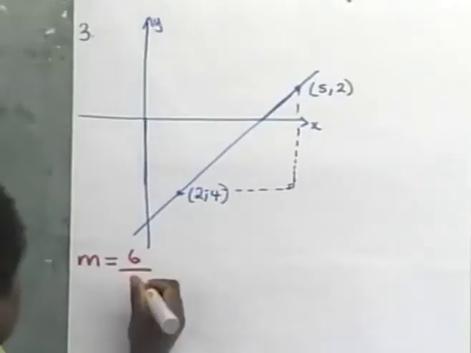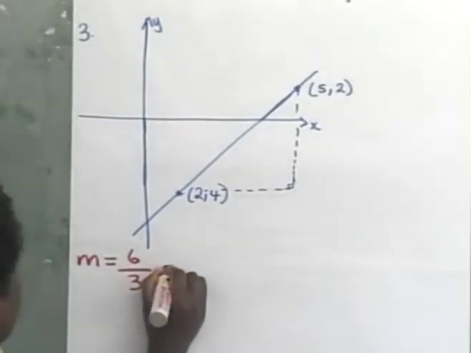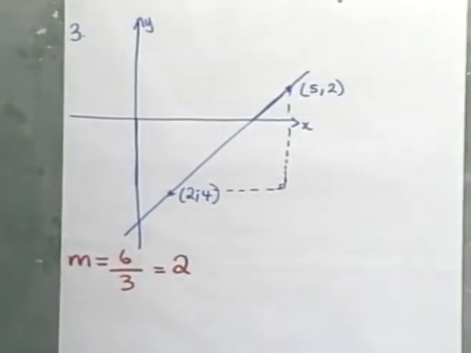Seven. You sure? Sorry, 3. Okay. It will be 3. So the gradient is 2.